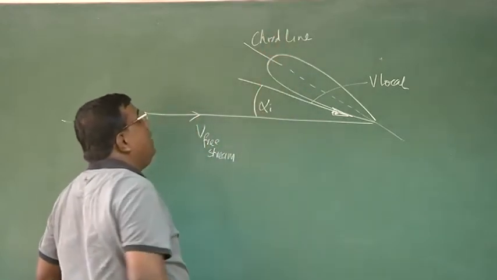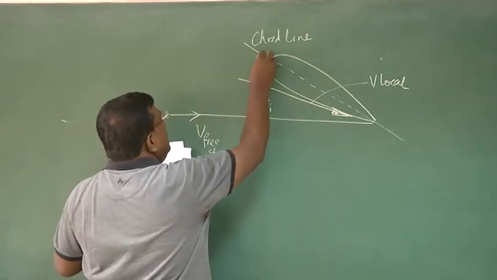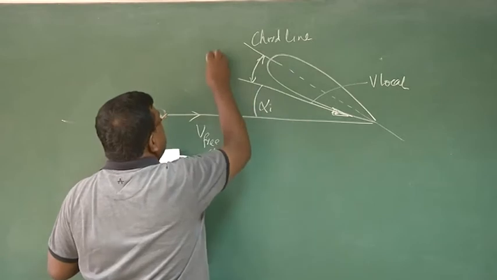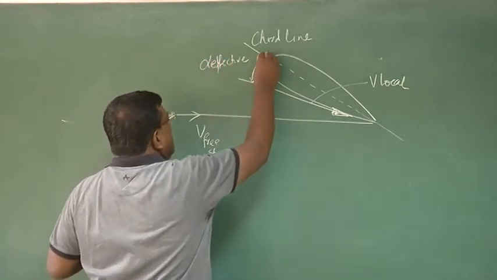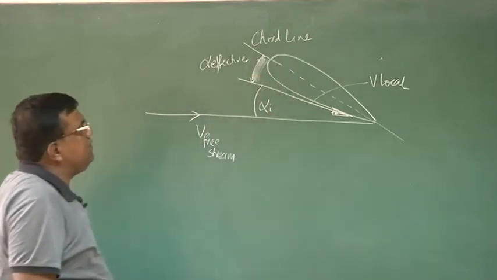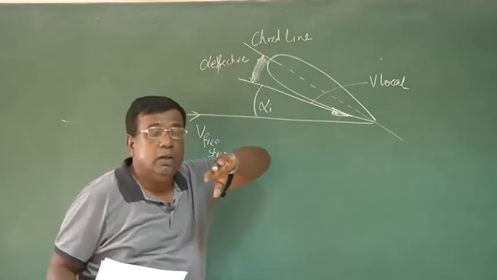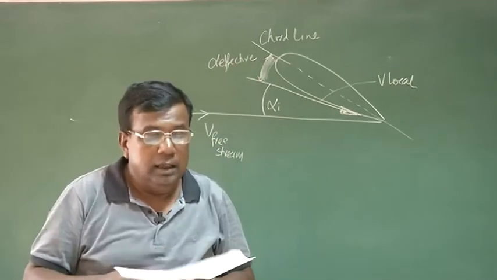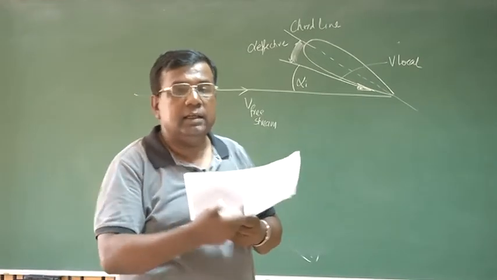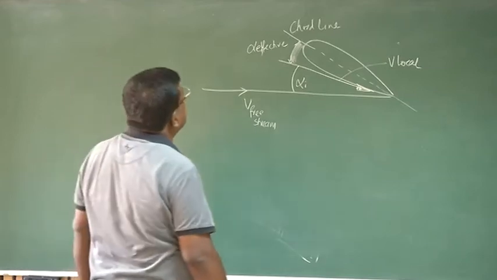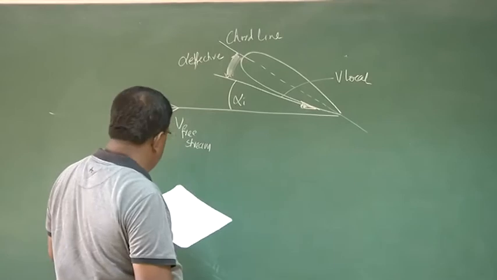All these things we are now familiar with, and this is the angle which I call alpha effective, because as far as this wing or the body is concerned, all the lift generation will happen because of this angle. Come back to the basics: the lift will depend upon the angle between the local velocity vector and the surface, or the chord line in this case. So this is alpha effective, and alpha I is the induced angle of attack.